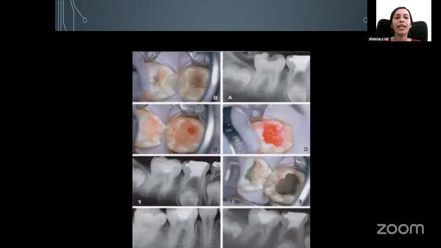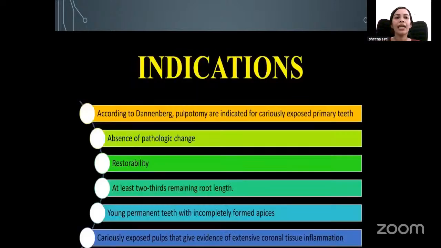If there is periapical change, the infection has moved from the coronal pulp into the root. Two thirds of the root length should be present, because we know that the primary tooth undergoes resorption when the permanent tooth comes in. So it is indicated based on the root length. And it is also used in young permanent teeth.